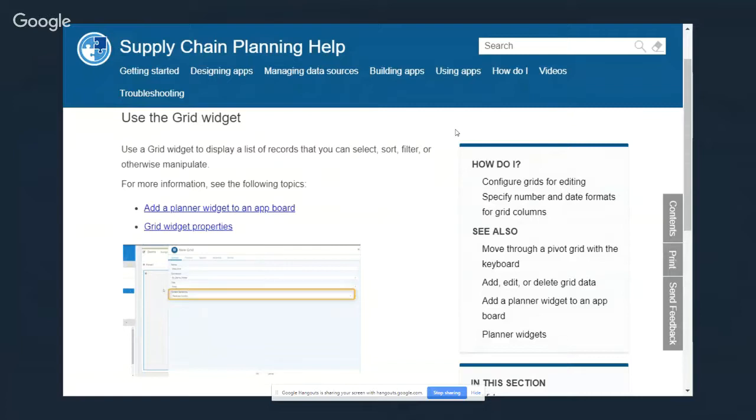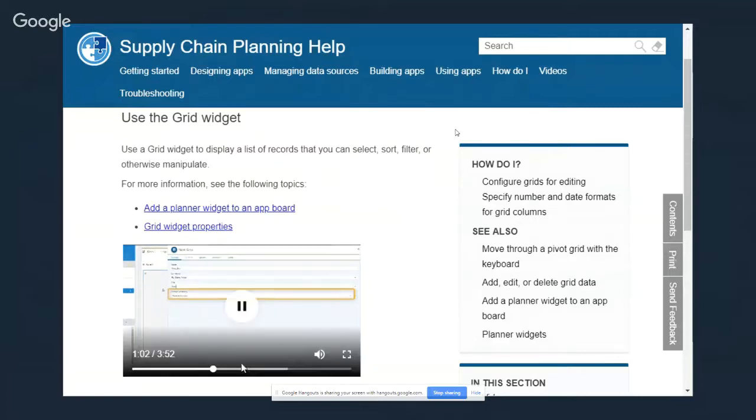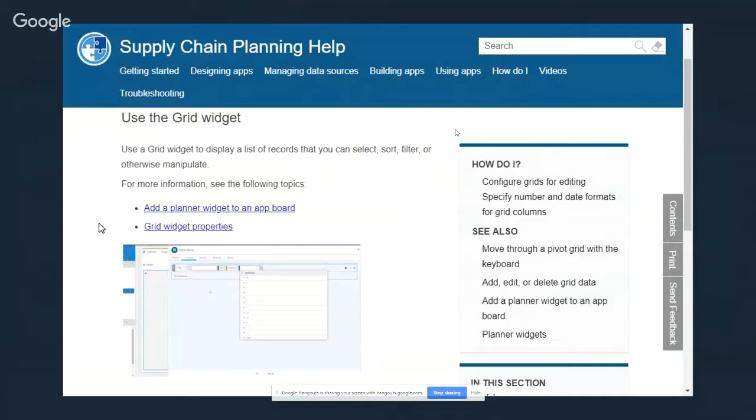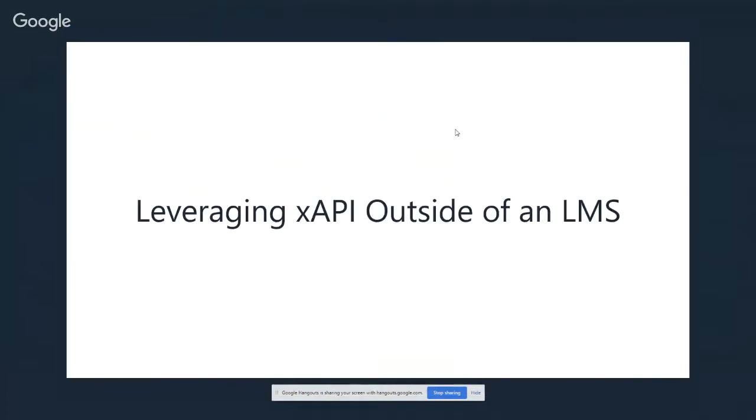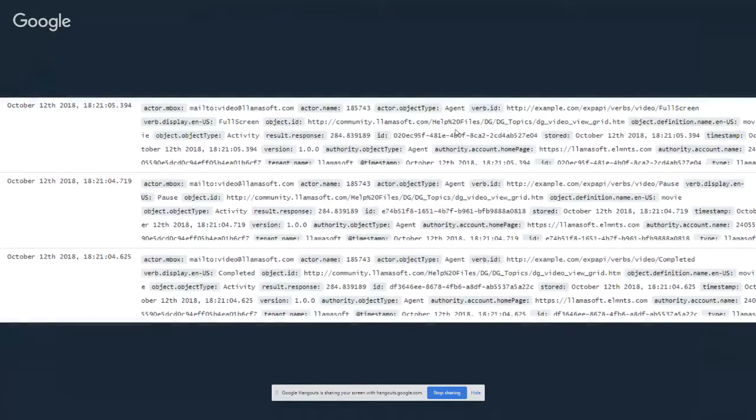Really looking at making sure that our verbs were consistent, not only for us, but that they aligned with what other people were doing in terms of sending statements and capturing information. That was something we were really clear on upfront that we needed to do. These are just some of the statements that we got.